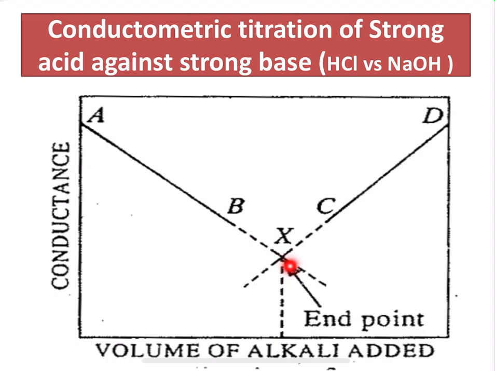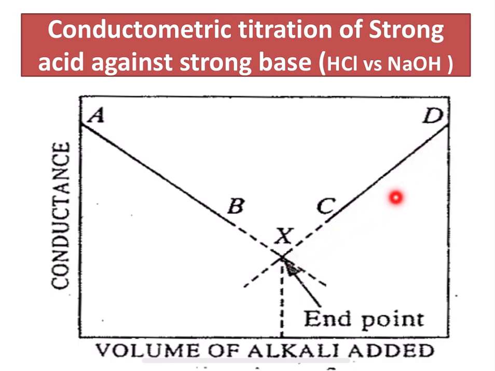From here, say this is some 5.5 ml or 6 ml, if I add 1 ml extra, that is 7 ml, then that is only NaOH and nothing else. Since NaOH is a strong electrolyte, I will find the conductance increasing again.